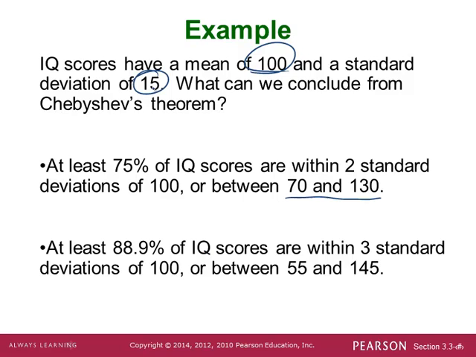Now, 1 standard deviation is 15. 3 times 15 is 45. So if you were to take 100 minus 45 and 100 plus 45, you get 55 and 145. So 88.9% of the population will have IQs between 55 and 145. At least 88.9%.